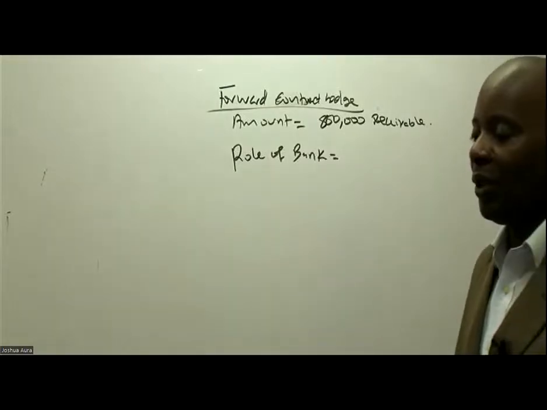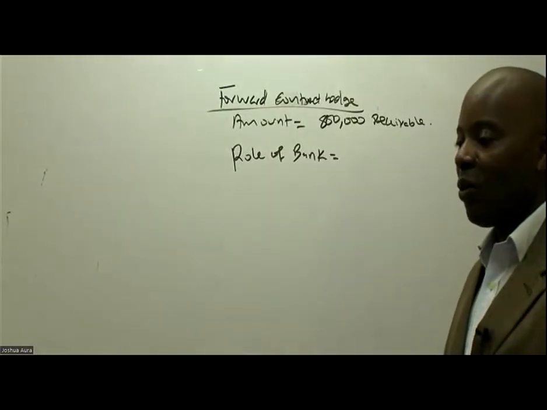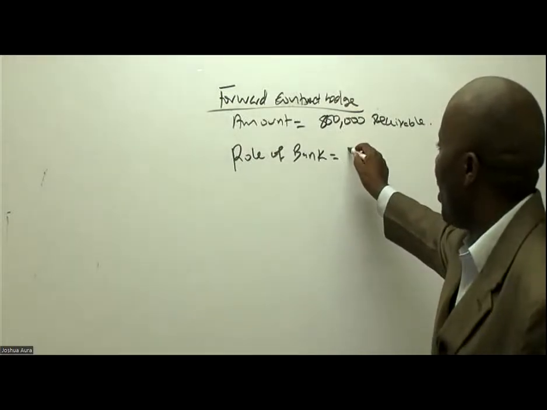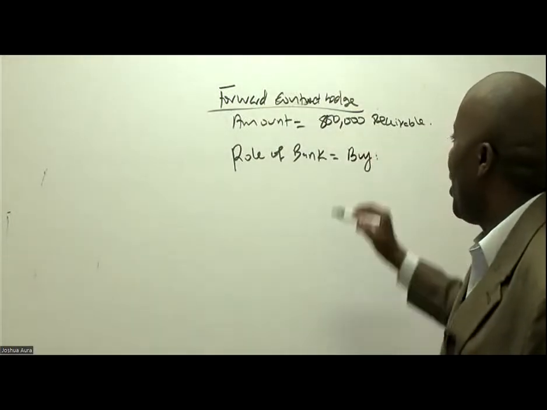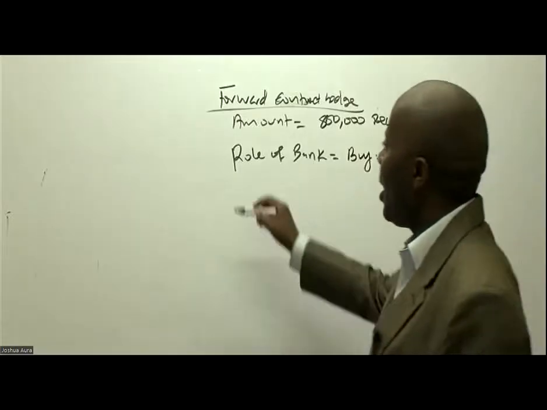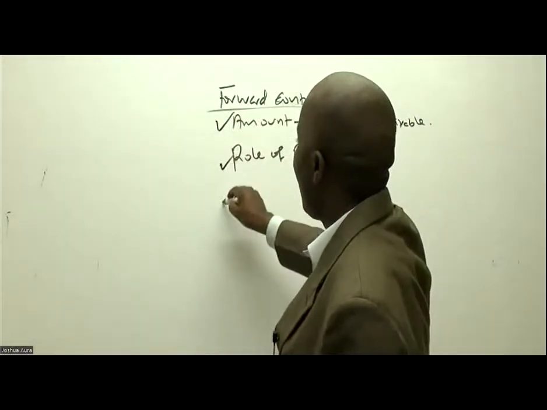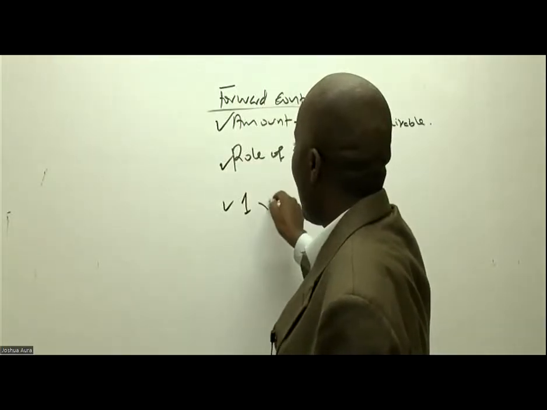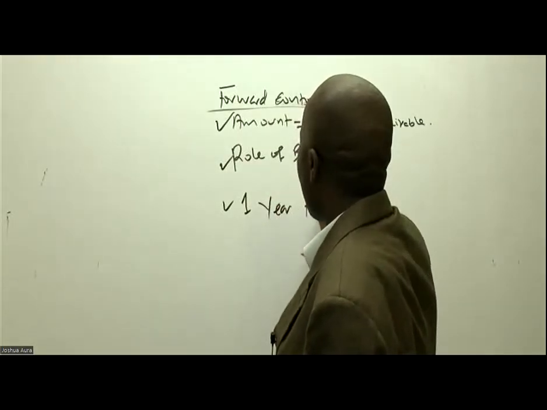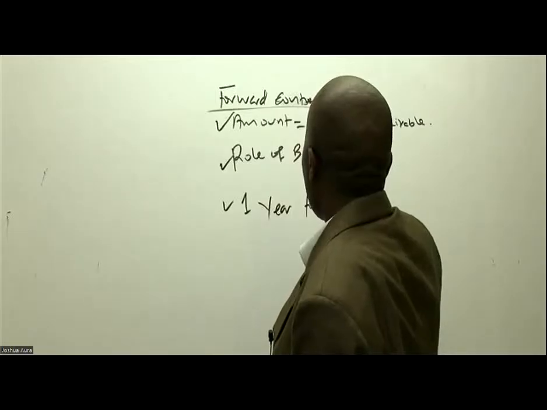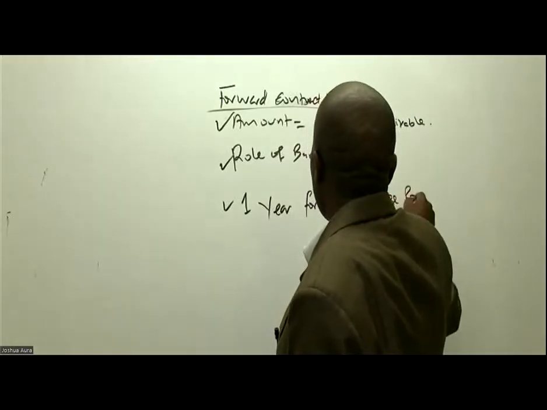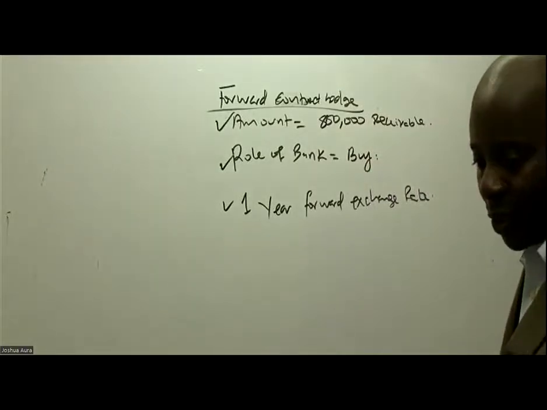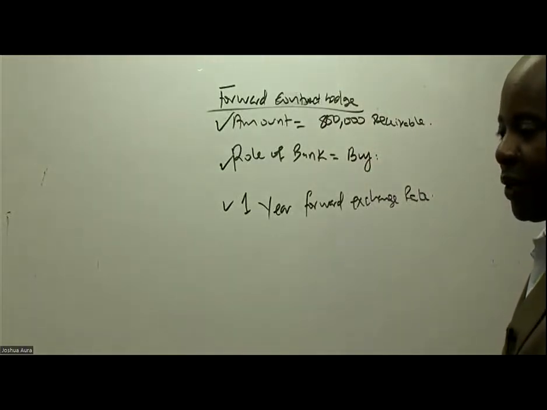If it's a receivable, the bank will buy. Then give me 1 year, because this amount will be received in 1 year's time. 1 year forward exchange rate. The 1 year forward exchange rate is given in the question.